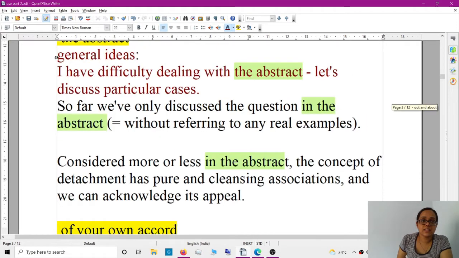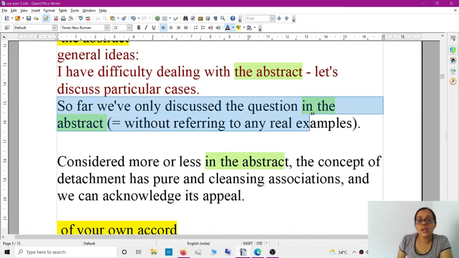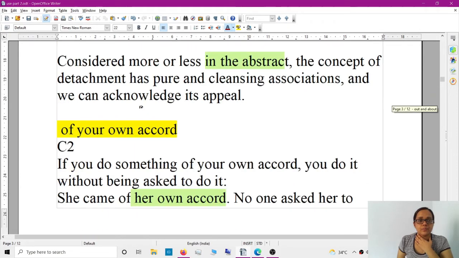Next sentence: so far we have only discussed the question in the abstract, which means without referring to any real examples.